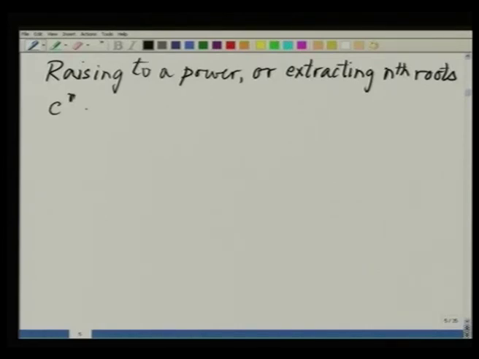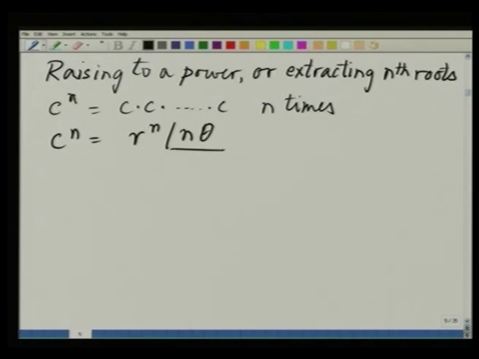Recognize that c to the power n is nothing but c multiplied with itself n times, and therefore, c to the power n is just equal to, in polar coordinates, r to the power n at an angle n theta, where of course c is r at angle theta.